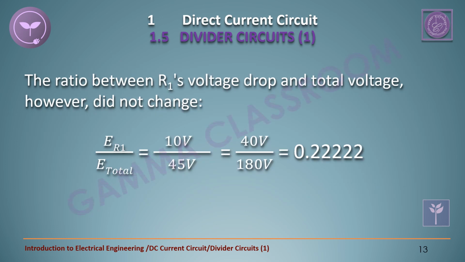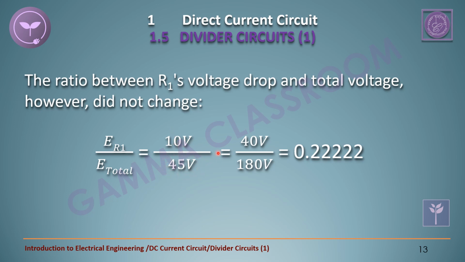The ratio between R1's voltage drop and the total voltage, however, did not change. Let's look at this. This is the voltage drop across R1. This is the total voltage, the power source. So R1 before is 10 volts and the battery voltage is 45.